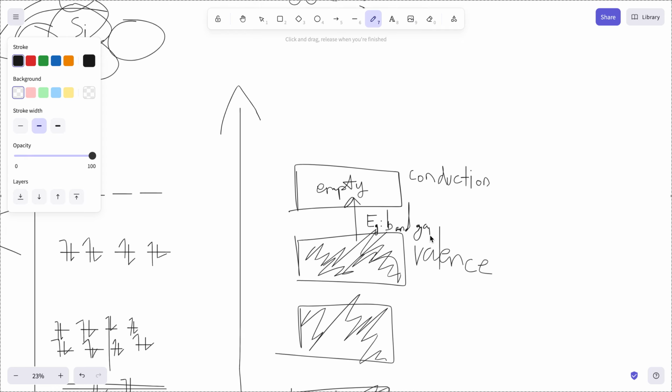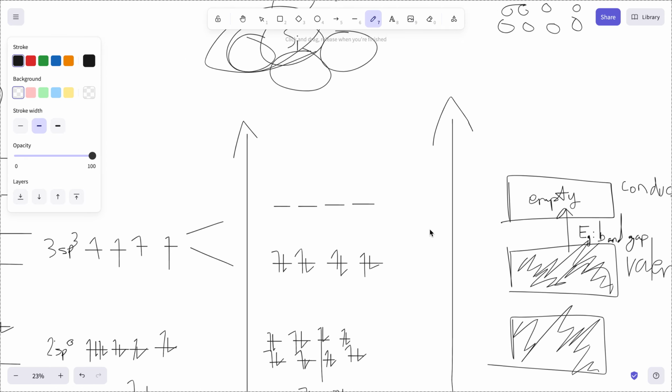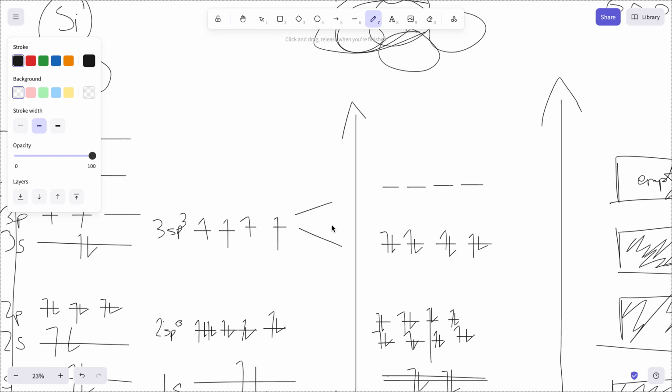Okay, one more thing I should mention is if you're familiar with molecular orbital theory, you'll know that this splitting of the orbitals into this empty space and this filled section is called the antibonding molecular orbital. And then this is called the bonding.